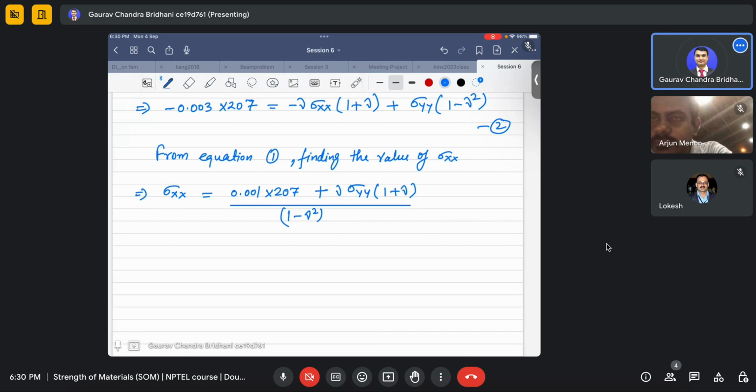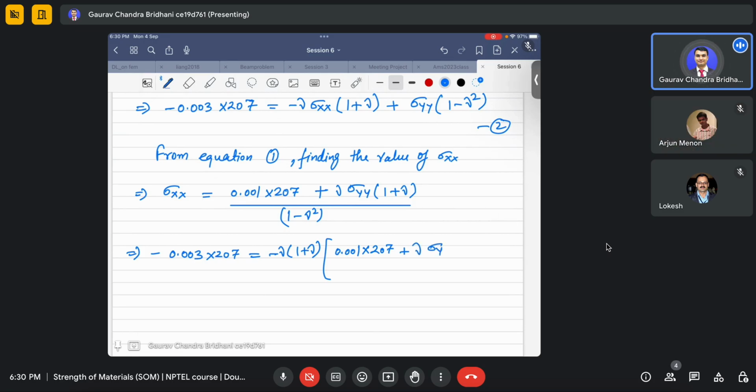So minus 0.003 into 207 is equal to minus nu (1 plus nu) into this term. I'll substitute it here: 0.001 into 207 plus nu sigma yy (1 plus nu) divided by 1 minus nu square.